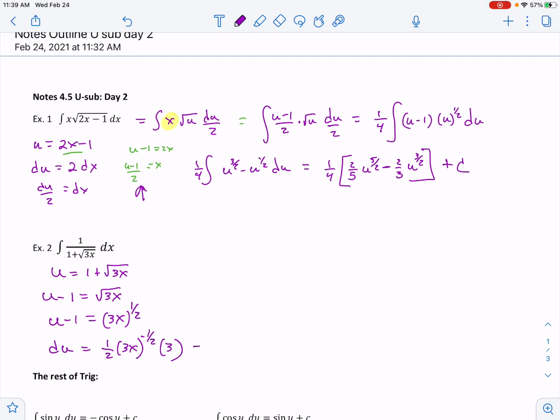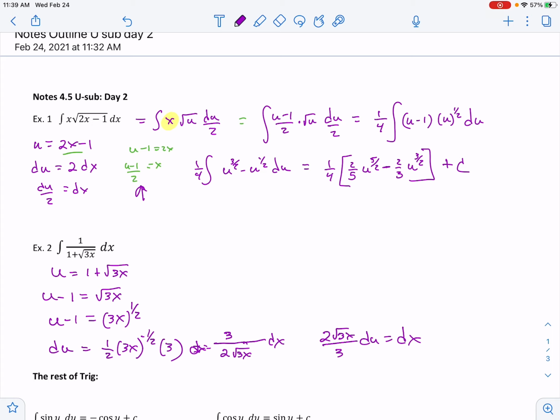If I clean that up, you get 3 over 2 times the square root of 3x dx. And when I solve for dx, you end up with 2 root 3x over 3 du equals dx. Ooh, that was complicated.